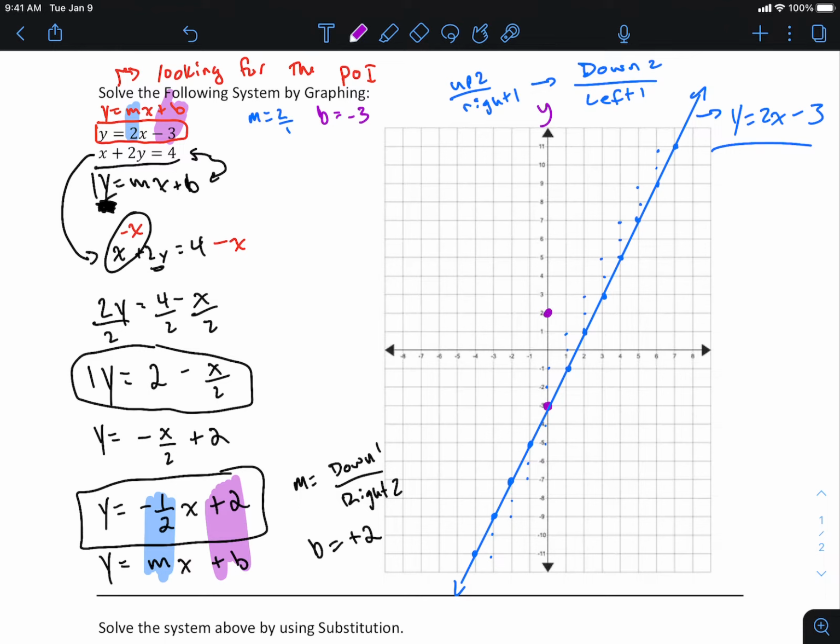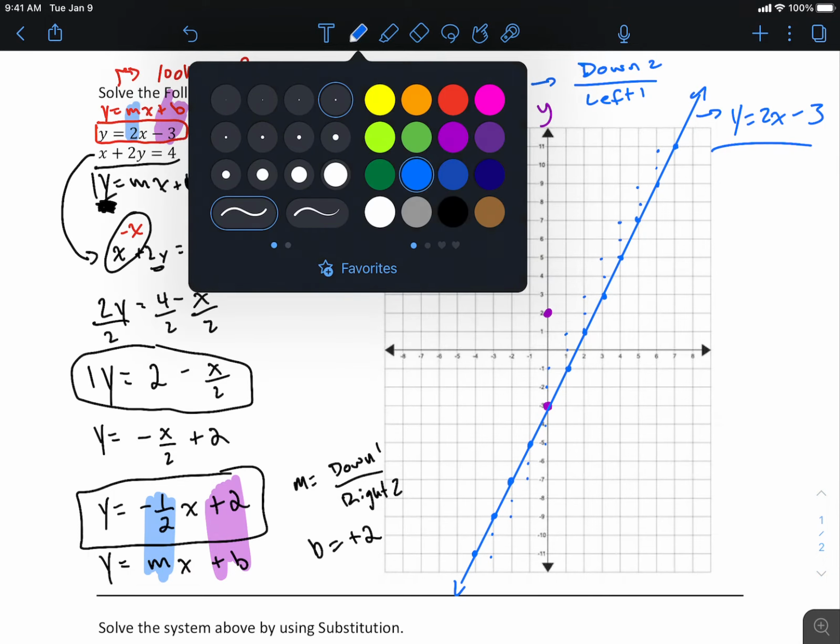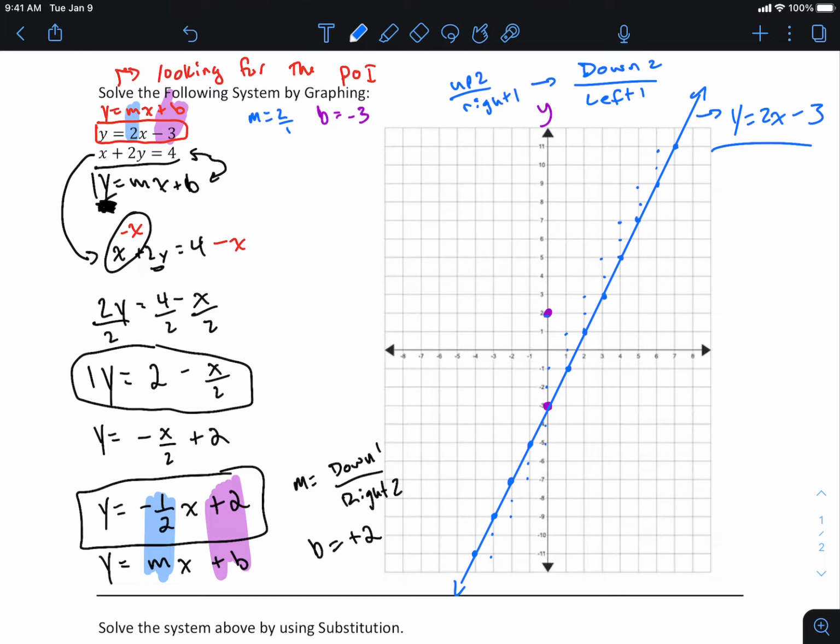And then your movement, how do you move around on the graph? Well, you go down 1, and then right 2. 1, 2. Oh, look at that. Down 1, right 2.